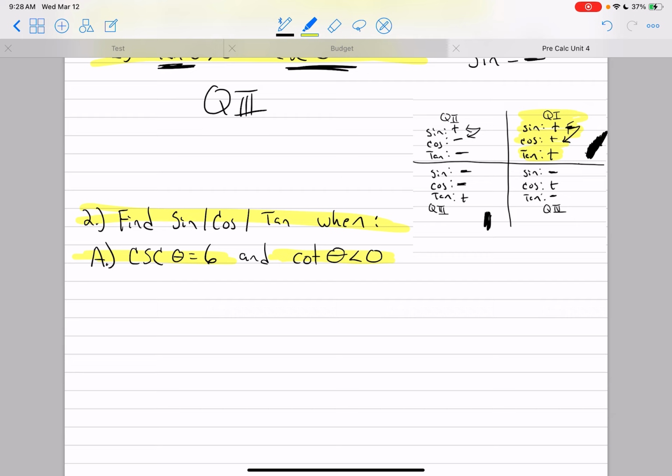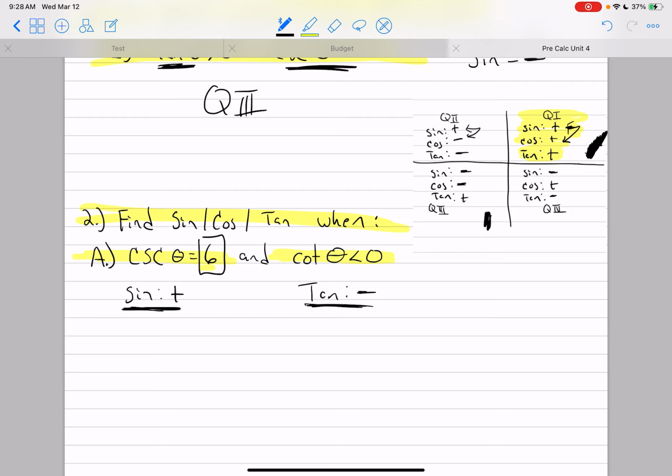If the cosecant is positive, because it's positive 6, that means that the sine is positive. If the cotangent is negative, less than 0, that means that the tangent is also negative. So I got to find the quadrant where sine is positive, tangent is negative.